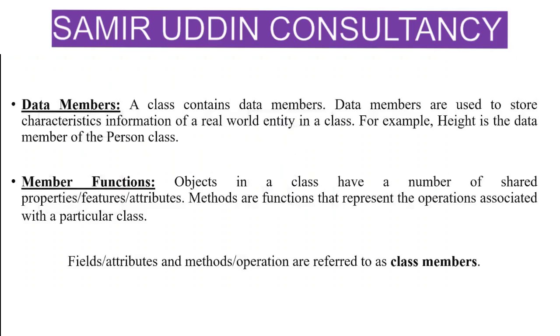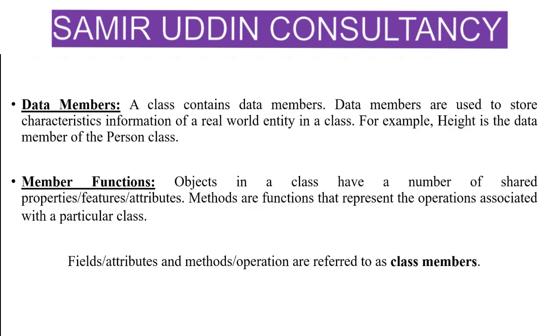So what are the different nuts and bolts of object-oriented programming? First, we need to understand data members. A class contains data members. Data members are used to store characteristic information of a real-world entity in a class, which means the real-world entity we are mapping onto the system. These data members store the information about those entities. For example, height is a data member of the person class that we just discussed.